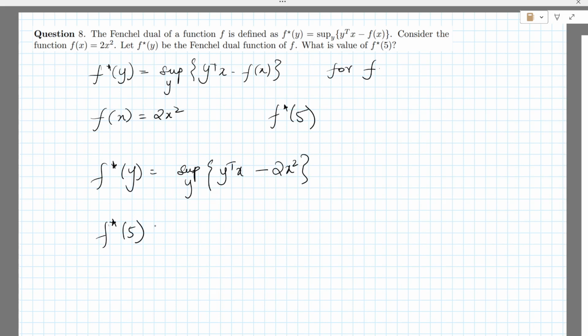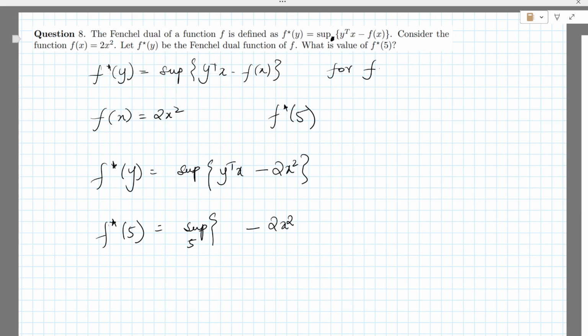So at phi it will be sup of phi x minus 2x square. Oh sorry, here it is x. Okay, this definition is incorrect.